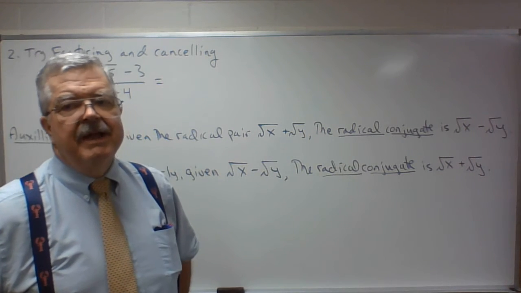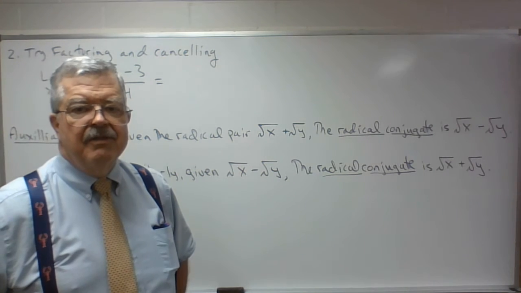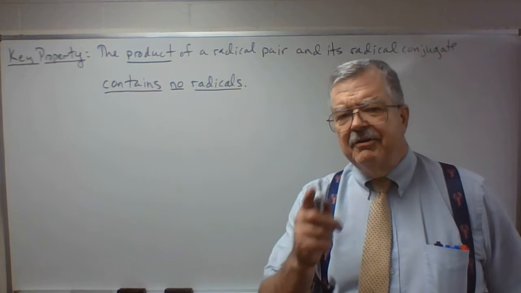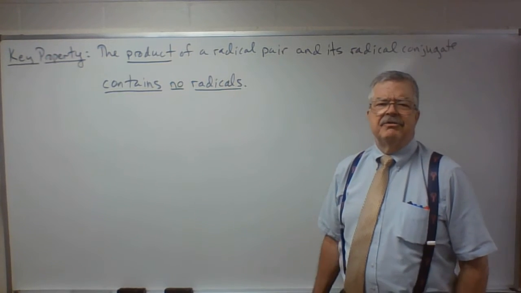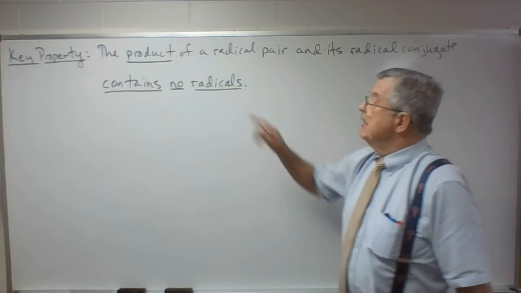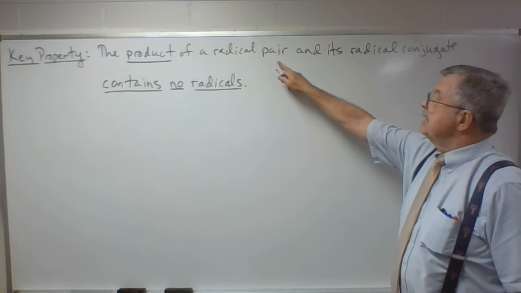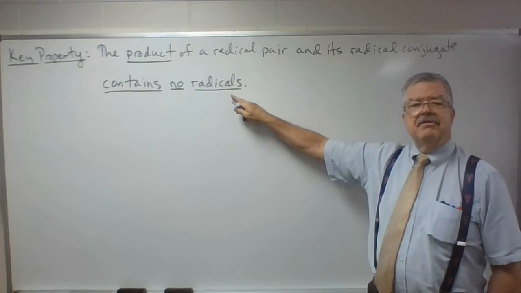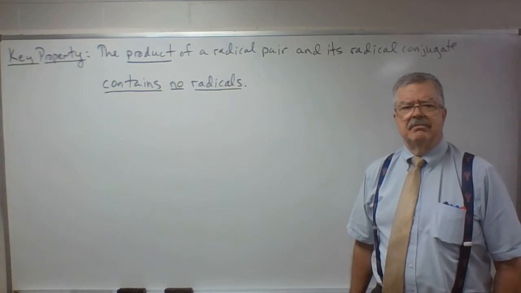Well, why am I telling you all of this? I'll tell you why. I told you about radical pairs and their conjugates because of a key property. The product of a radical pair and its conjugate contains no radicals.